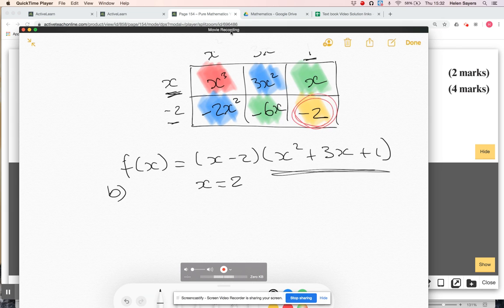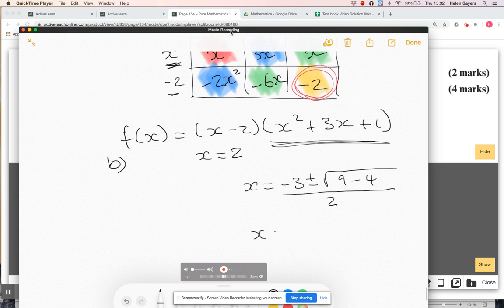So got to rack your brains back to your quadratic formula. So minus b plus or minus the square root of b squared minus 4 times a times c. So 4 times 1 times 1, all over 2a. So x is minus 3 plus or minus the square root of 5 over 2.